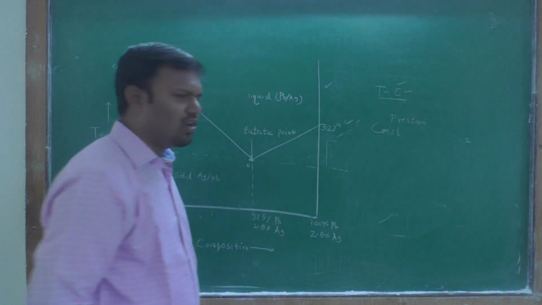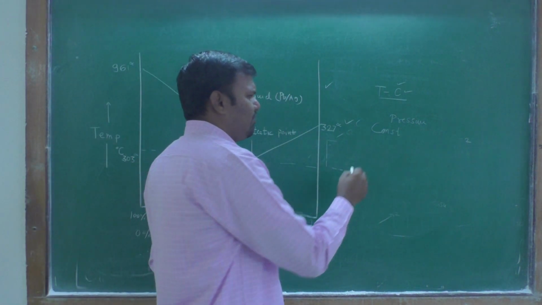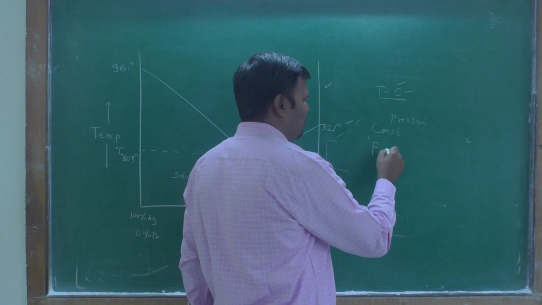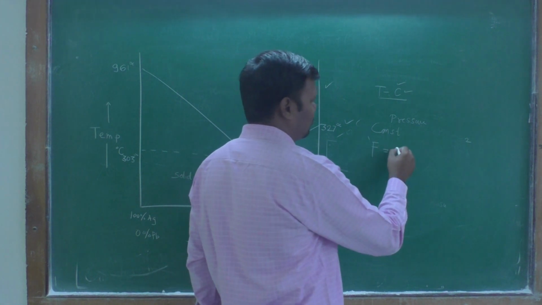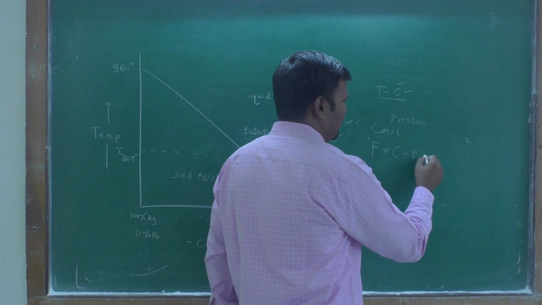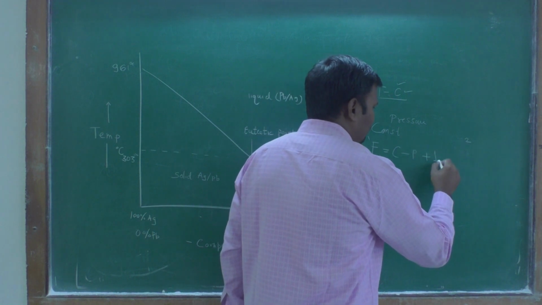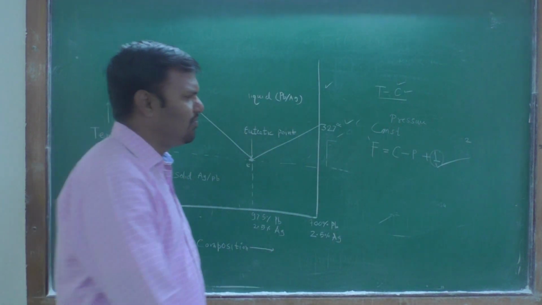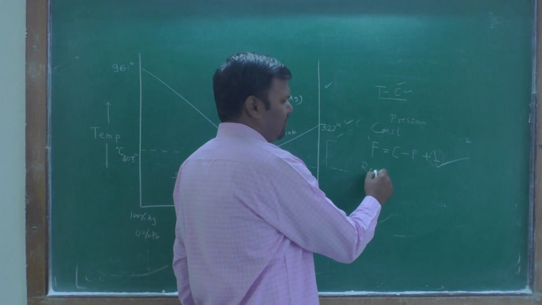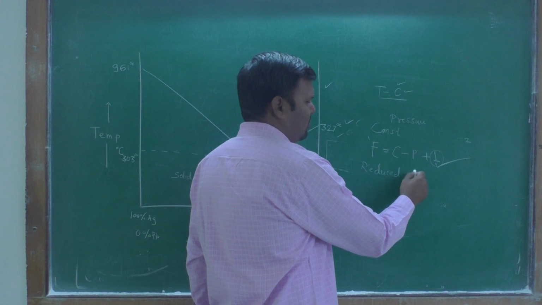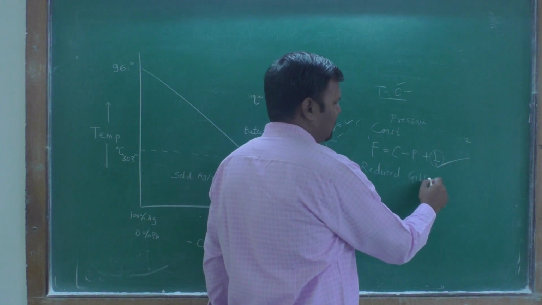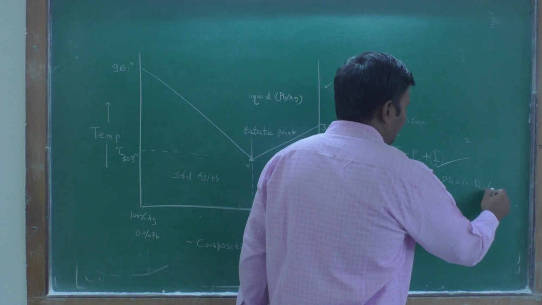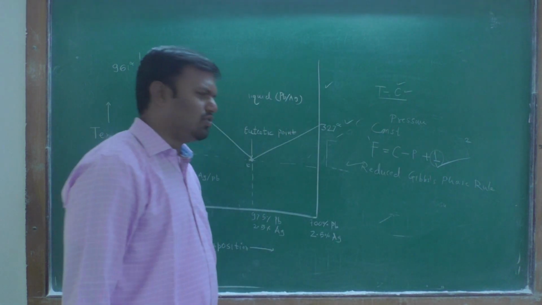Then our degree of freedom rule, or Gibbs rule, can be reduced to C minus P. Instead of 2, we use 1 at this place. This is called the reduced Gibbs phase rule.